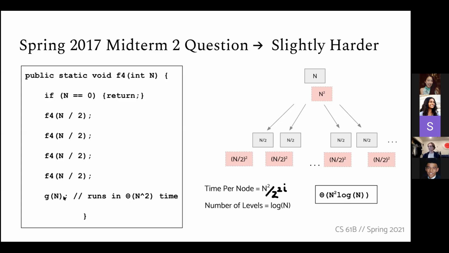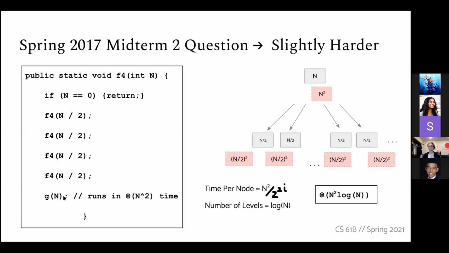And so your total work would be the number of nodes in your entire tree, because every node does an equal amount of work. So that's like 1 plus 4 plus 16, etc., which I can't do off the top of my head.